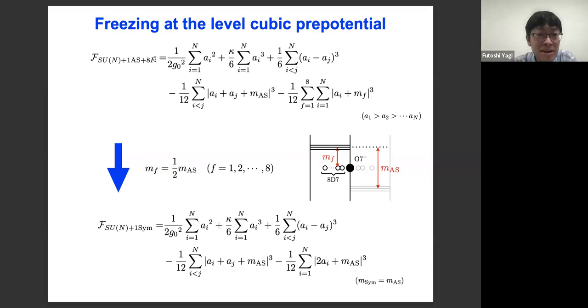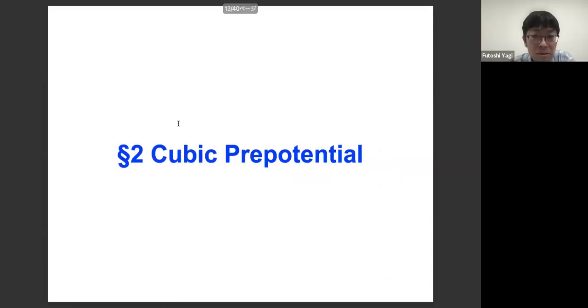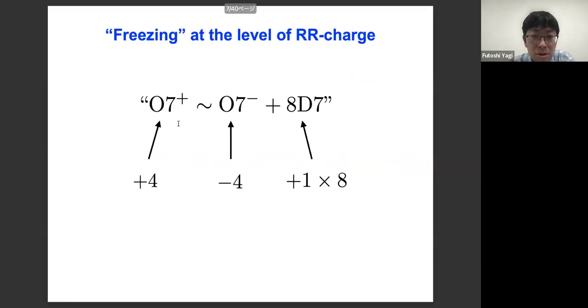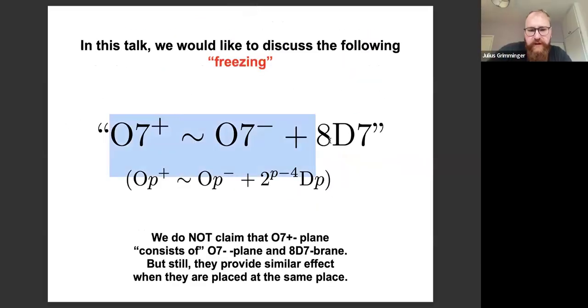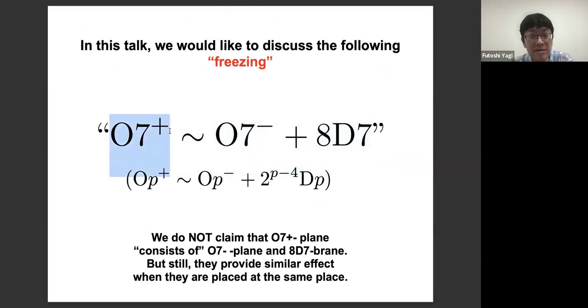Originally, in this case, I'm not sure. But doesn't it go from SO(2N) to SU(N), or in this case SO(16) to SU(8)? Naively, at this level, we say this side is SP(N) and this side is SO(2N) plus 8. Sorry, is it the opposite?